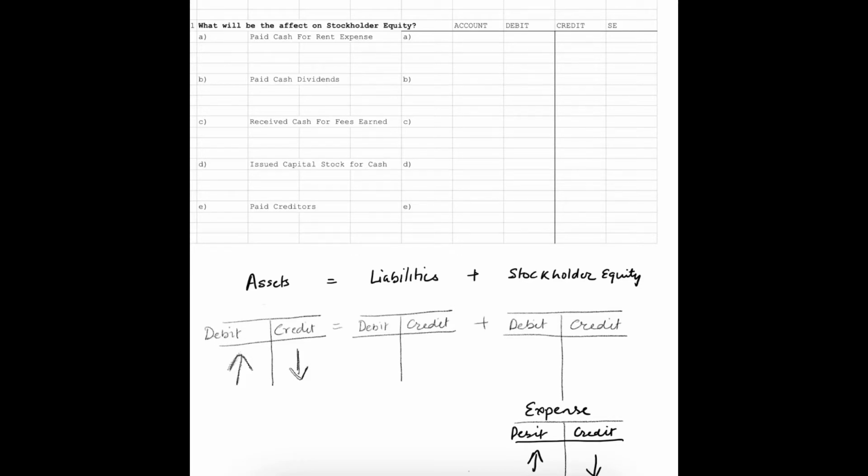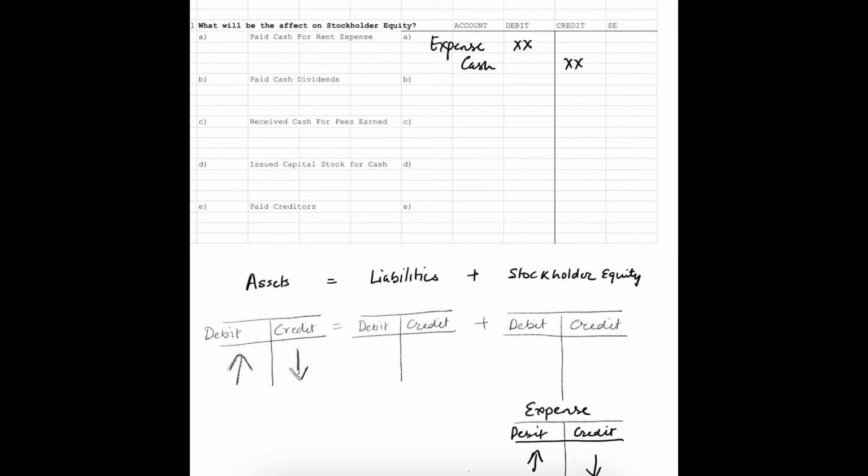And here we are increasing the rent expense. So the expense will have a debit entry. Whenever we do the debit and credit entries in the accounting system, debit entry is always entered first. So because expense has a debit entry, we will do the expense debit and cash credit.